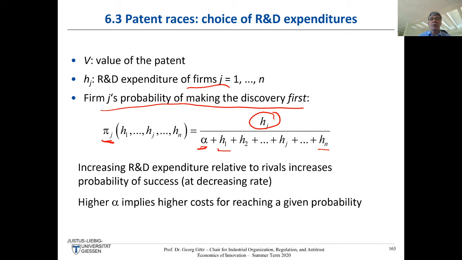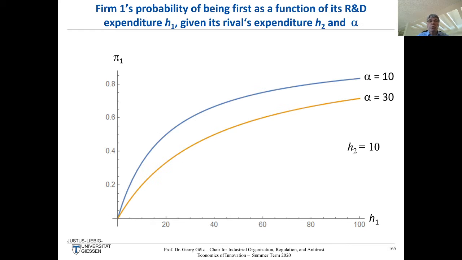I will explain that in more detail in the following slides. The important point is that increasing your own R&D expenditure relative to your rivals increases your probability of success. That's what we show here.